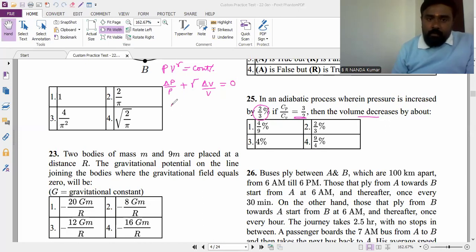So delta V divided by V is equal to minus 1 by gamma into delta P by P. So minus 1 by gamma is minus 2 by 3, and delta P by P is 2 by 3 percent. And this is minus 4 by 9 percent. The negative sign indicates volume decreases. The right answer is first option.